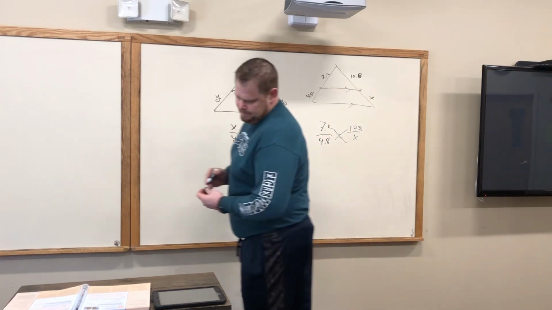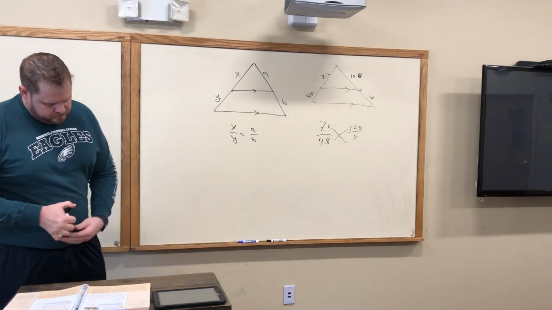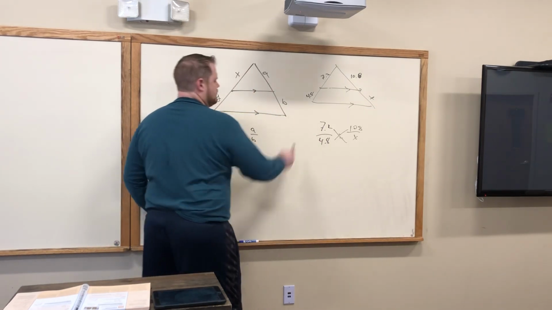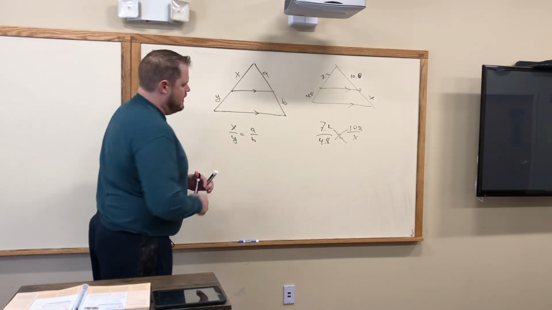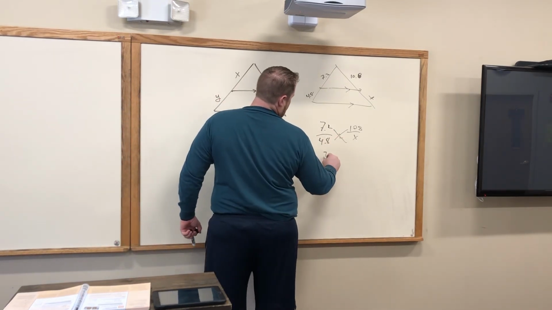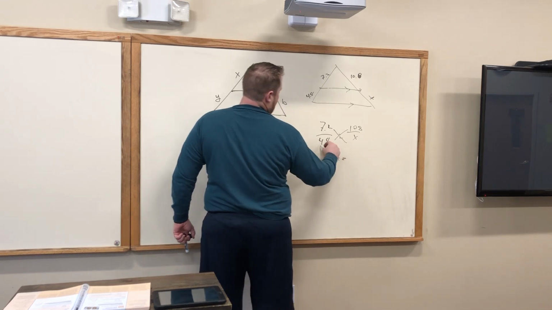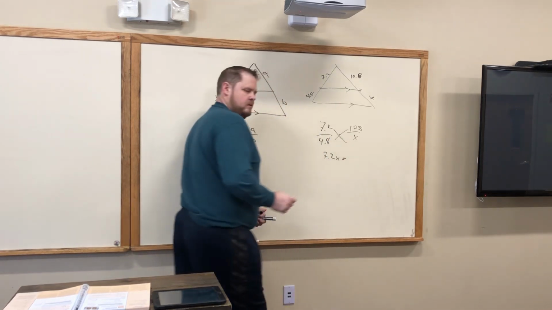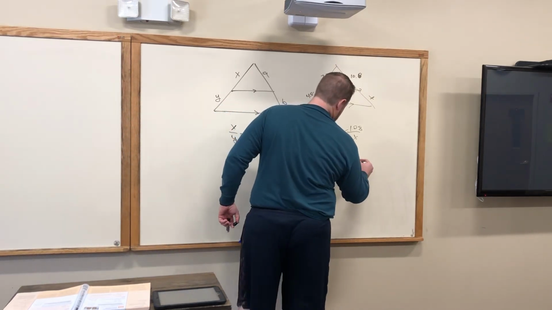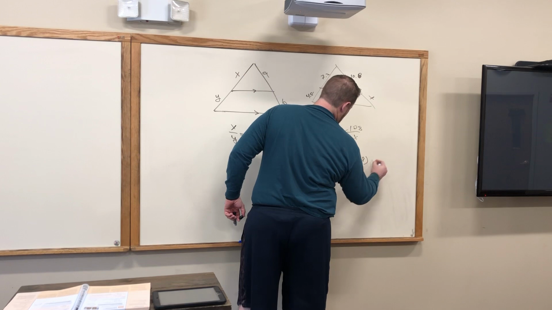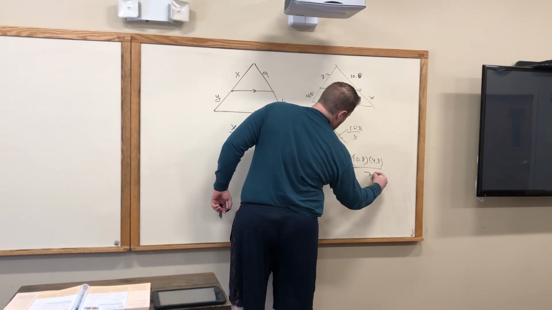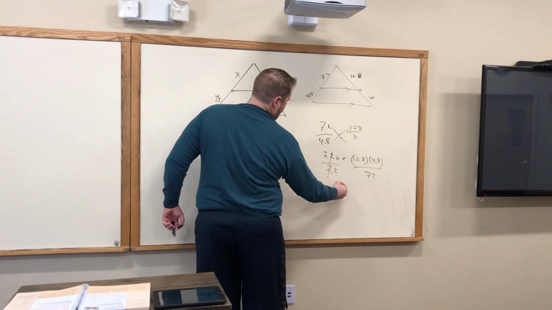Cross multiply, right? Remember I told you if you can ever reduce top and bottom, do so. Just be smart about it, but you don't have to. If you don't, it's gonna be 7.2x equals 4.8 times 10.8. Divide by 7.2, and that gives me x.